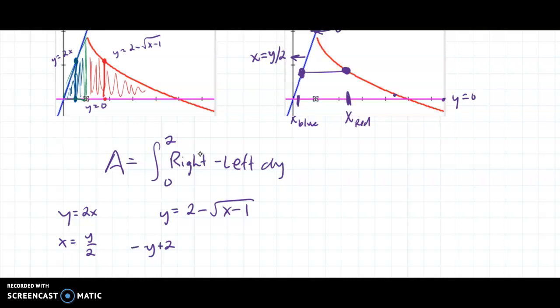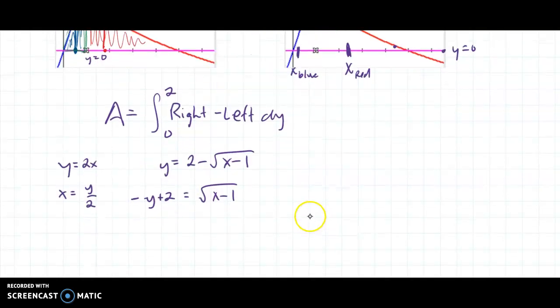That makes this negative and this positive, equals root x minus 1. I can square both sides, and I'll write that as 2 minus y because it's easier, squared equals x minus 1. And then I can move my 1 over and get that x is equal to 1 plus 2 minus y, squared.